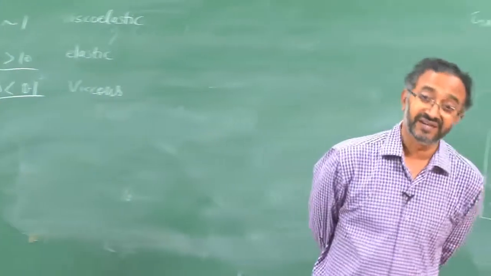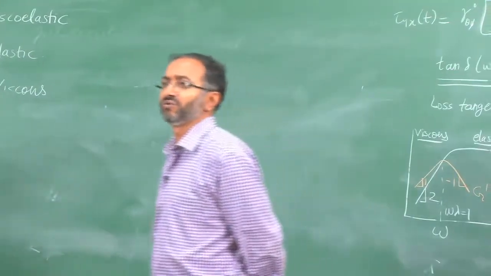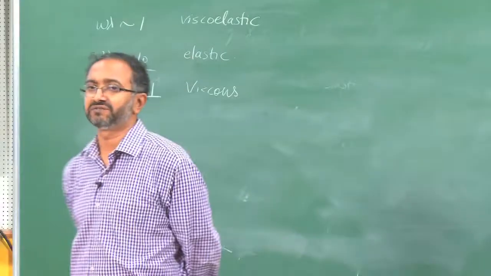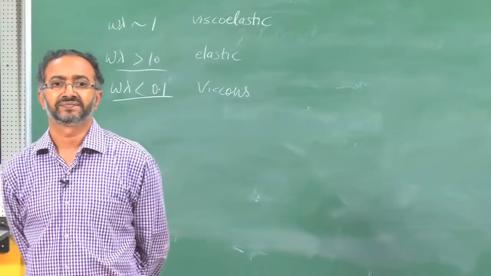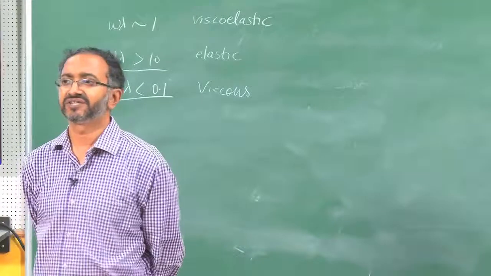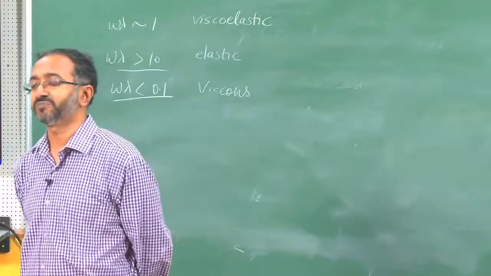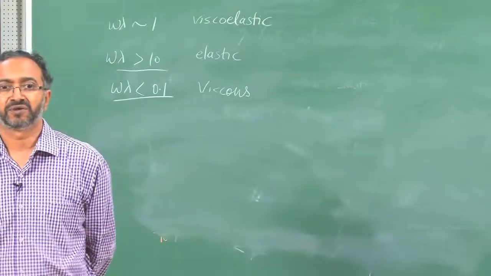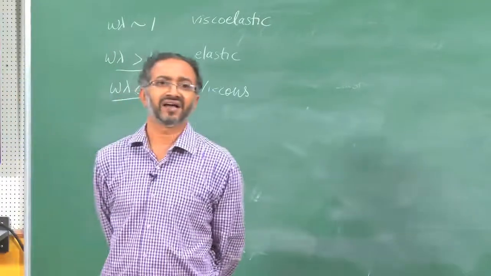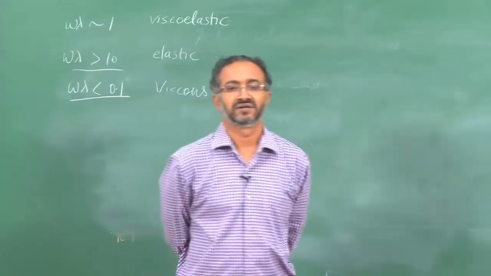So, it is very unlikely that for low volume fraction emulsions we will see viscoelasticity. Milk, for example, is rheologically not a complex fluid. From a microstructure point of view it is a complex fluid, but from a viscosity point of view it does not really have any viscoelastic features.